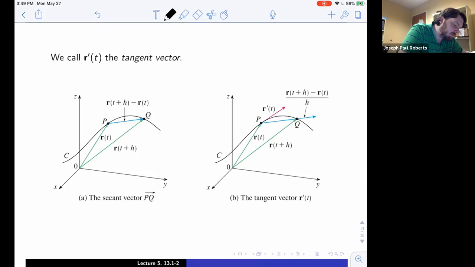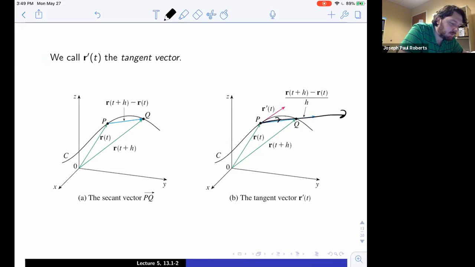Okay, and then what happens when you divide by this number h? h is just a scalar, otherwise you can't divide by a vector, that would be nonsense. But when you divide by h, remember scalar multiplication either stretches or compresses.